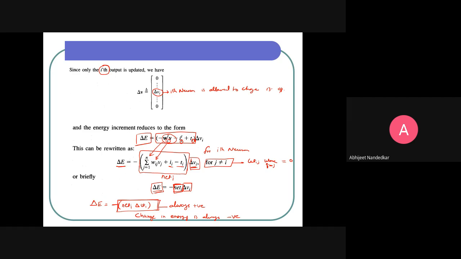Now why do I want this kind of a thing? Because I want, when I give some initial input to the network, it will eventually fall down into a minima, and the minima will be the location where I have stored the pattern. Since this Hopfield network is working like a memory, I want to store some pattern, then I can use this network.